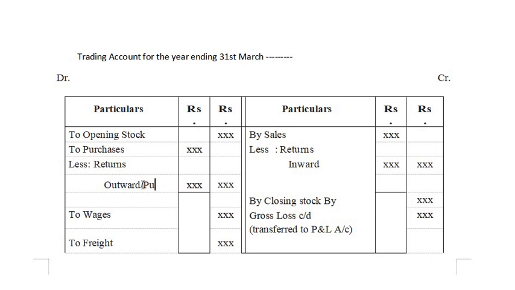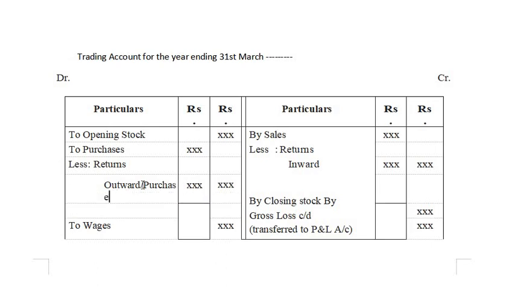In this case, you have to subtract the purchase return from your purchase to find your net purchase. So from the purchase of 5 lakh, you subtract the return of 50,000, and you write in the outer column 4,50,000.